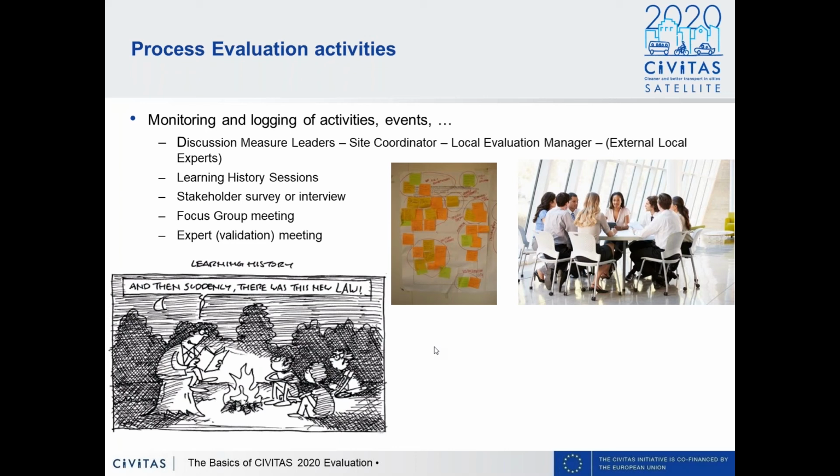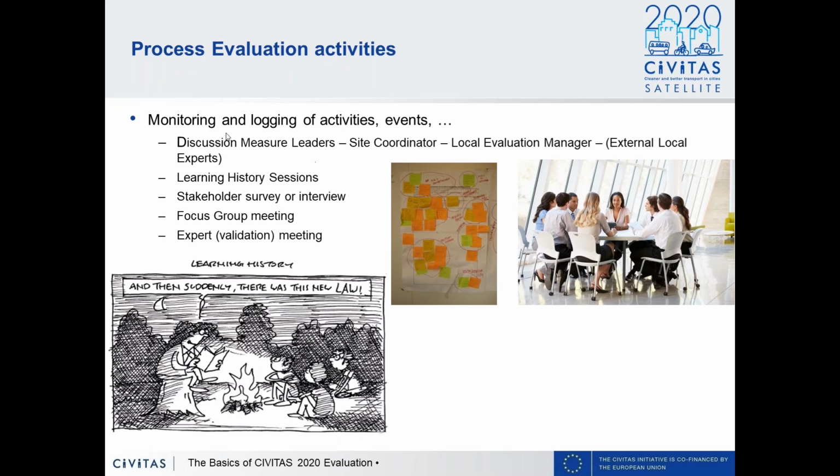A process evaluation plan should be an approach you can define from the beginning, and you can adapt and optimize it during the project, where you choose the activities you will do and how you collect the data.